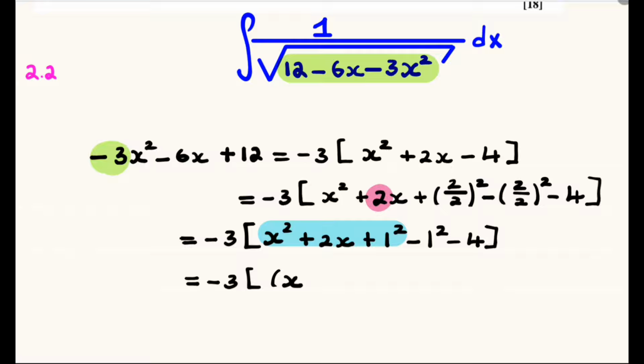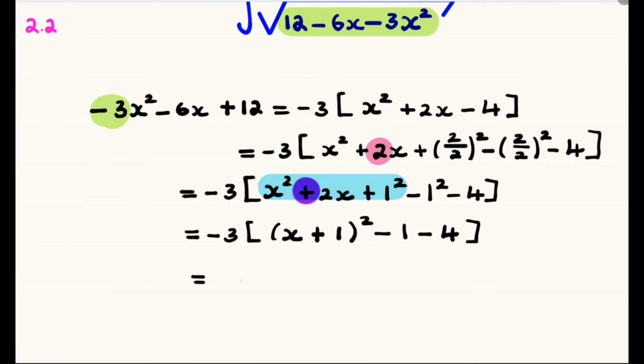We take that sign from the 2x, we drop it down, so x plus the 1, all of this will be raised to the power 2, minus 1 squared, which is minus 1, minus 4.